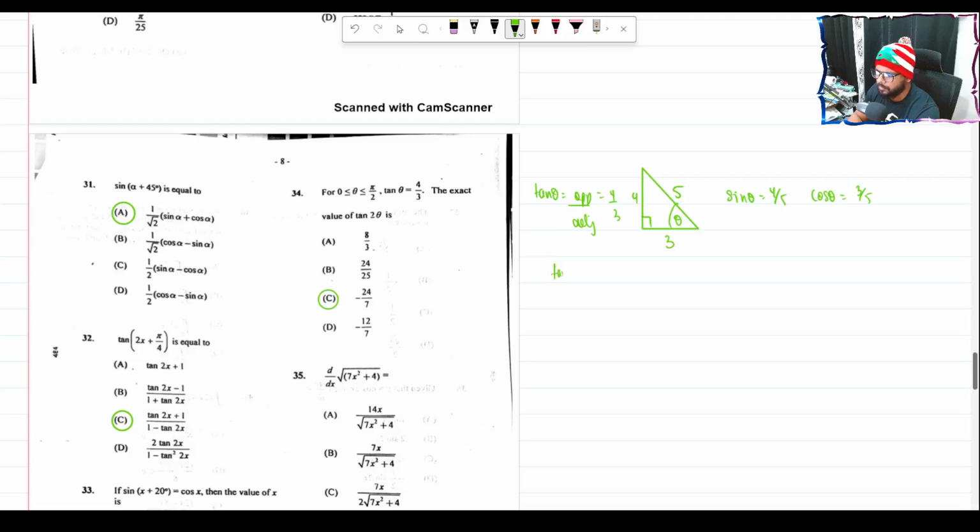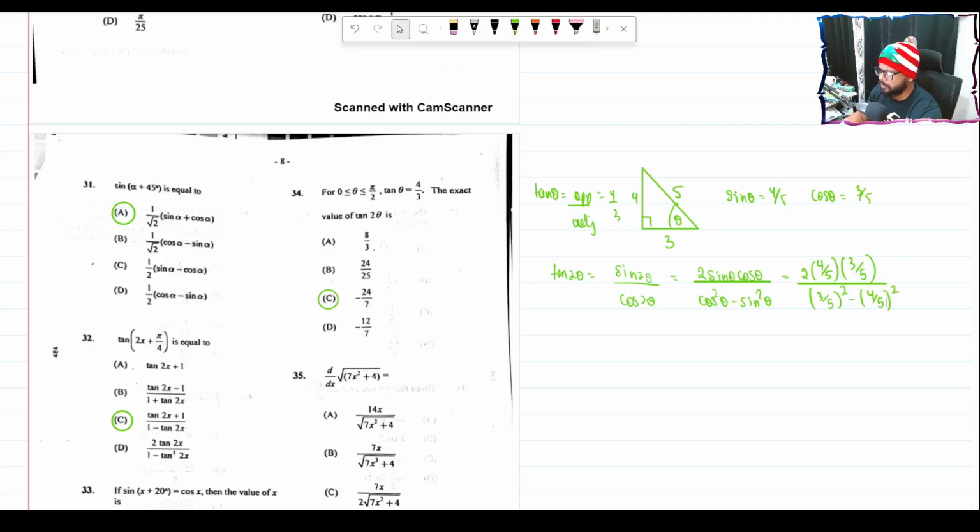Tan 2 theta is equal to sine 2 theta over cosine 2 theta. Sine 2 theta is 2 sine theta cos theta, which we remember. And cos 2 theta is cos squared theta minus sine squared theta. This is 2 sine theta cos theta divided by cos squared theta, which is 3/5 squared, take away 4/5 squared.